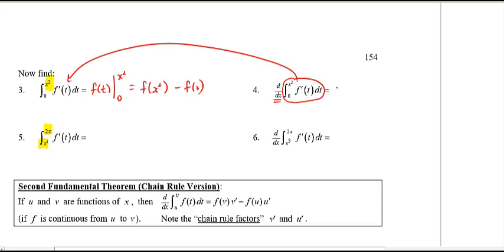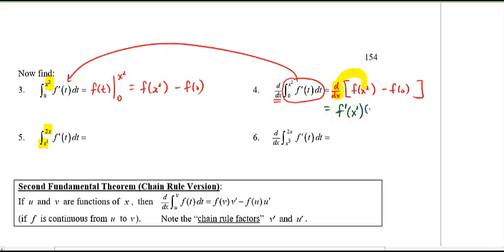Nice. Example number 4 then says, let's take the derivative d/dx of what we just had in number 3. So that's the same thing as take the derivative of my answer to number 3, f of x squared minus f of 0. And now what happens when I ask you to take the derivative of f of x squared? Well, if you said the derivative should be f prime of x squared, you are almost right. What did you forget? Yes, this is a function within a function. So, chain rule time.